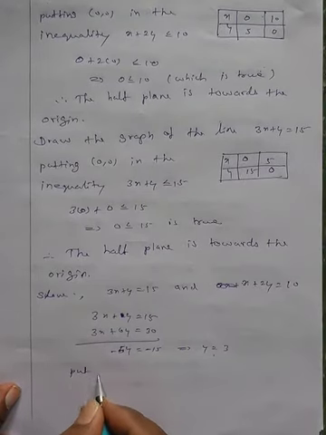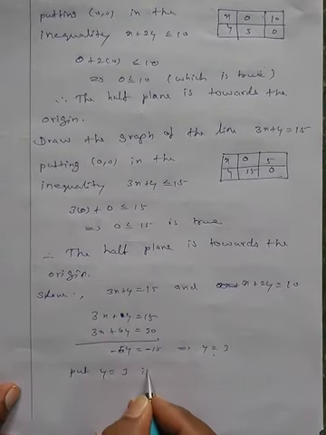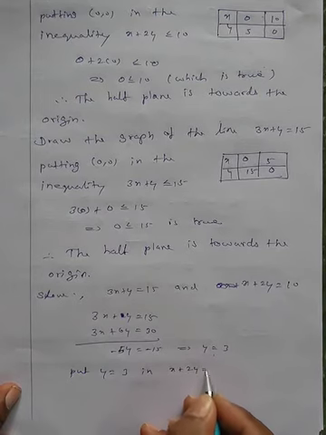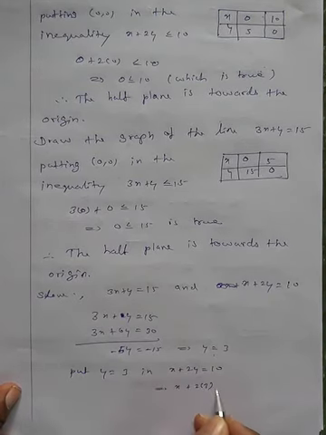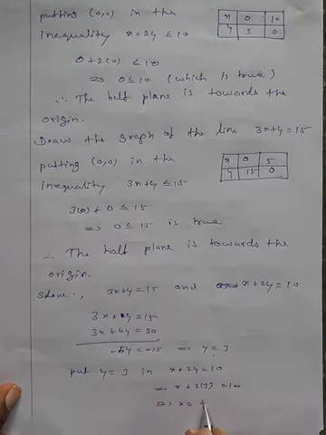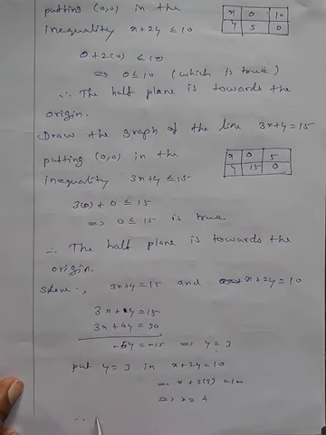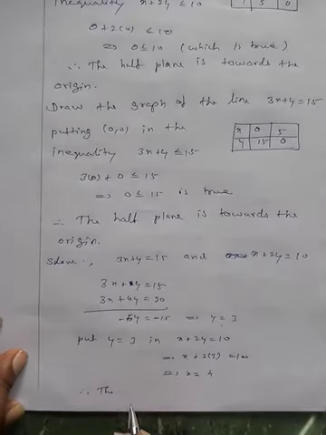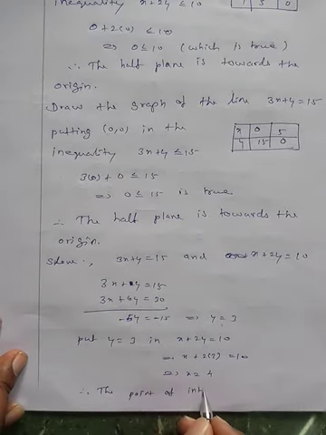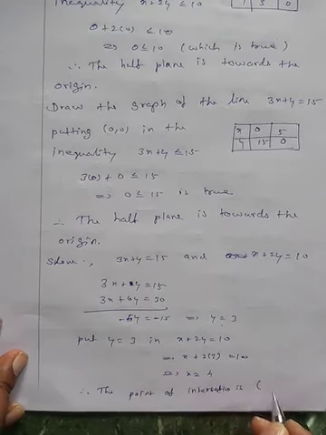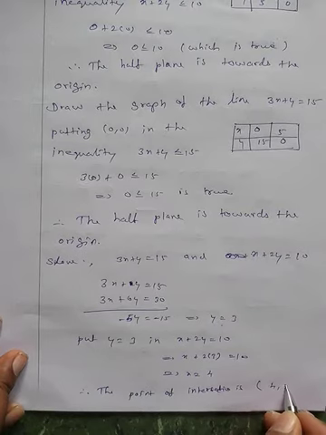Put y is equal to 3 in x plus 2y is equal to 10, which implies x plus 2 into 3 equal to 10, which implies x is equal to 10 minus 6 is equal to 4. Therefore, the point of intersection is (4, 3).